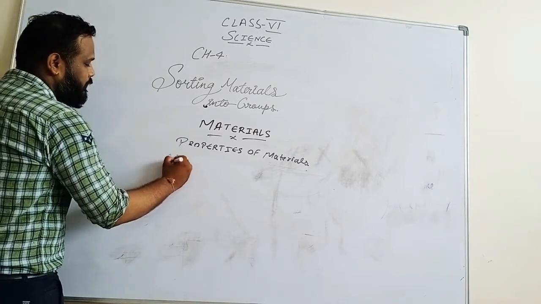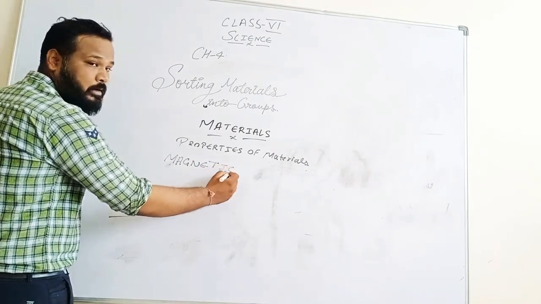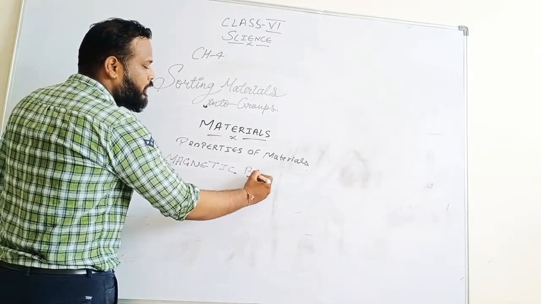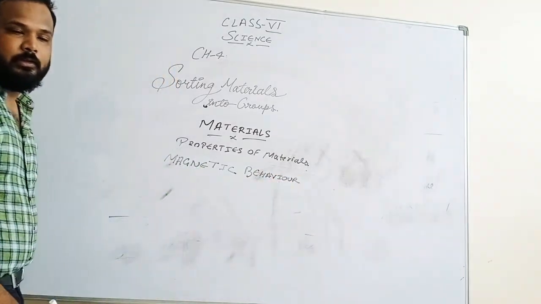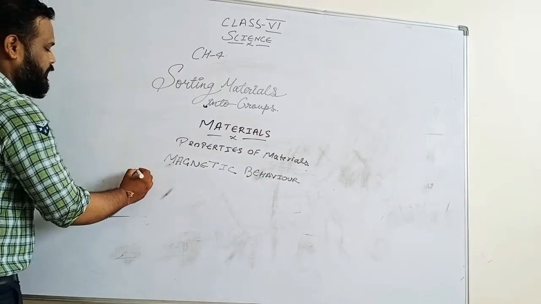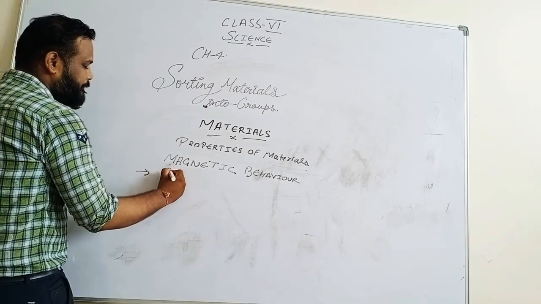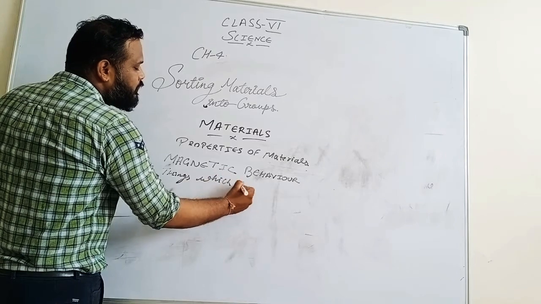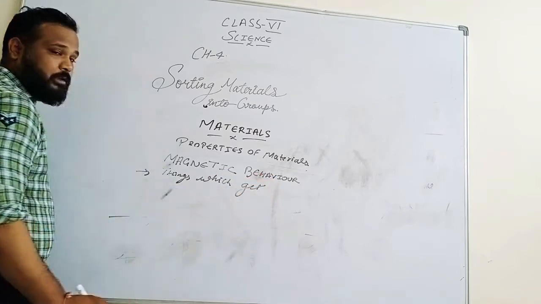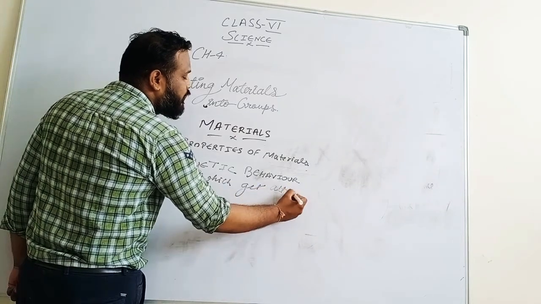Yes, students. What is the next property? The next property is magnetic behavior, or the magnetic property. I think you all have played with a magnet. The magnet is a substance which attracts selective things, and the things which are attracted by the magnet are known as magnetic materials or magnetic substances.